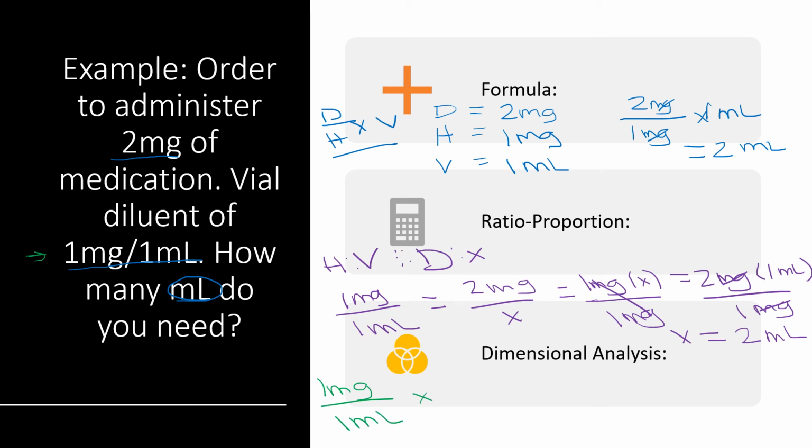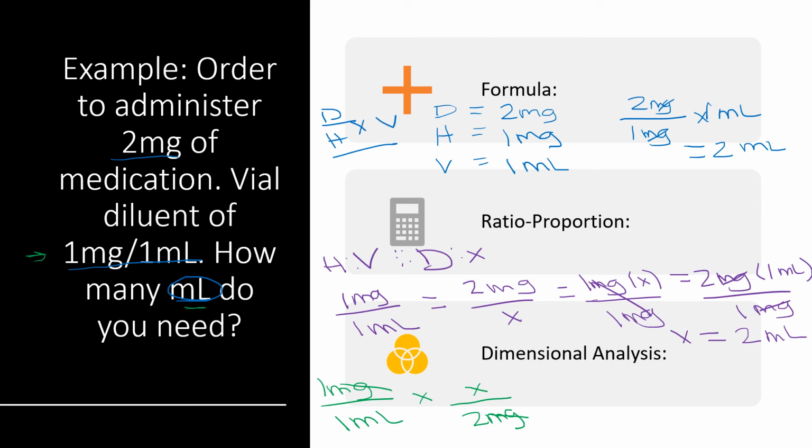times, and we're going to need our milligrams on the bottom from our desire, so that these milligrams will always cross out, which means I have an x here because I don't know how many milliliters that's going to be.